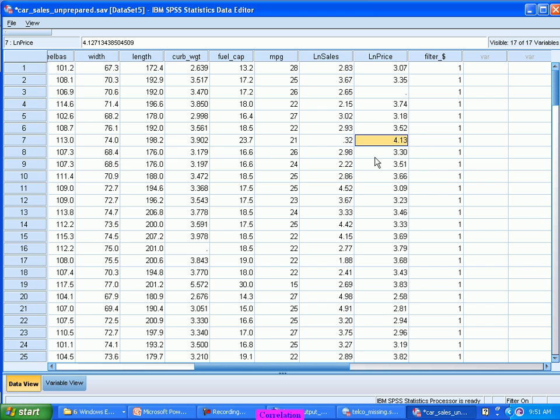Now the next analysis which we are going to do is the prediction part, the regression equation. If I take the original value, my equation will be different. If I take the log transformed value, my equation will be different.